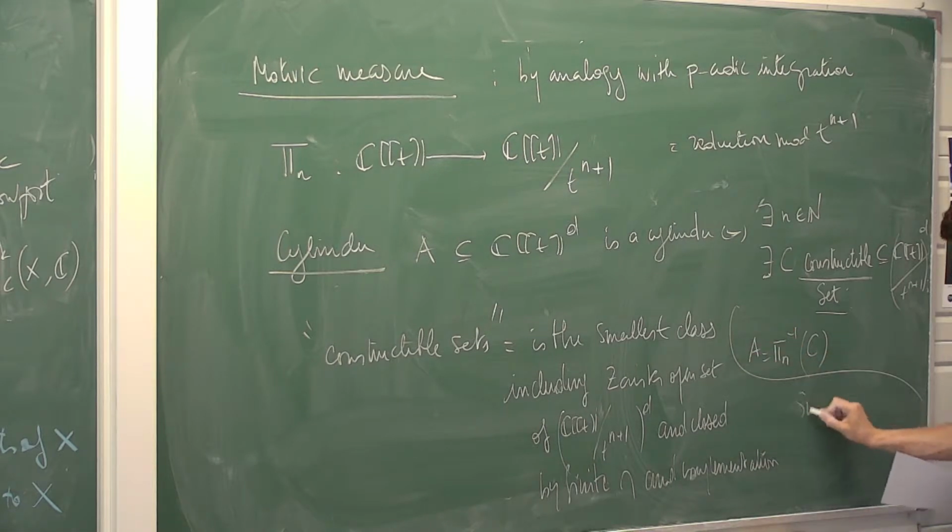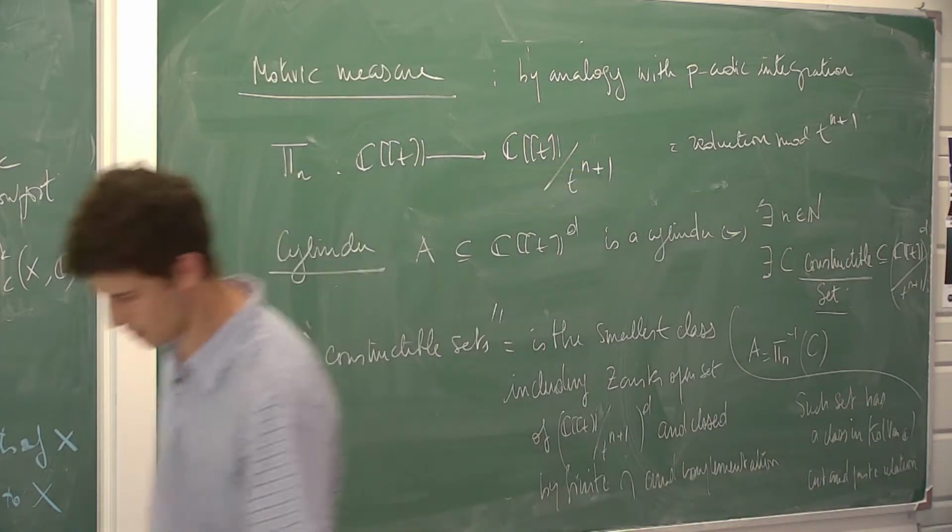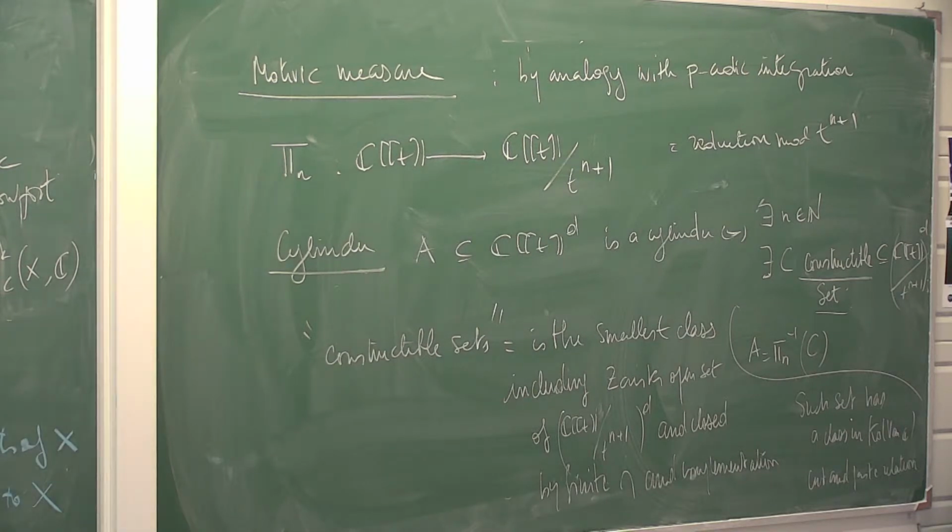So such a set has a class in the Grothendieck ring. So what is an example?